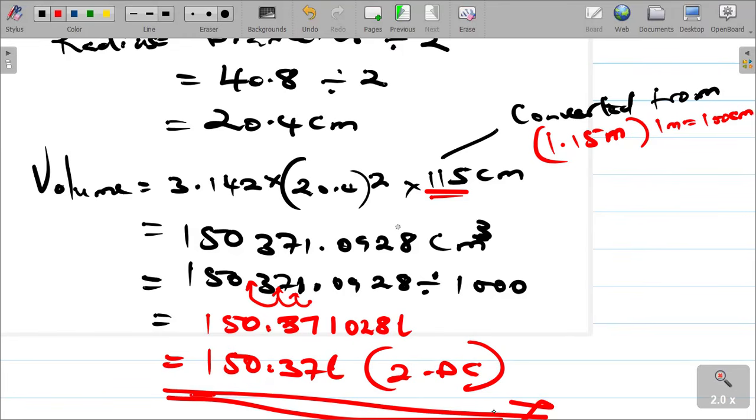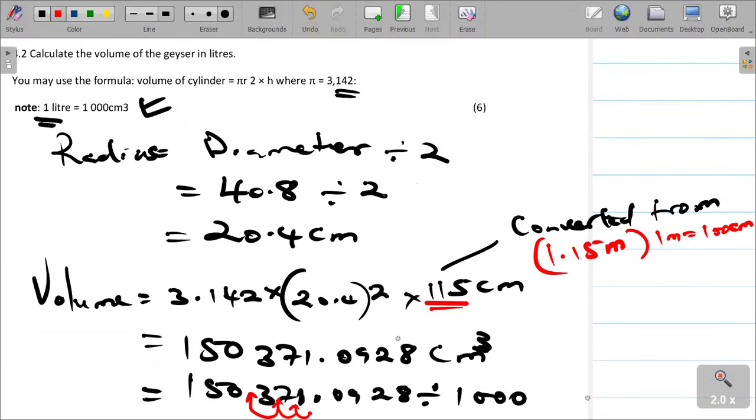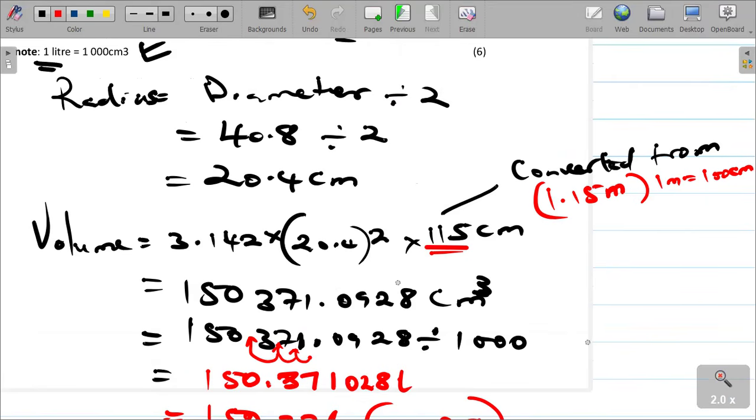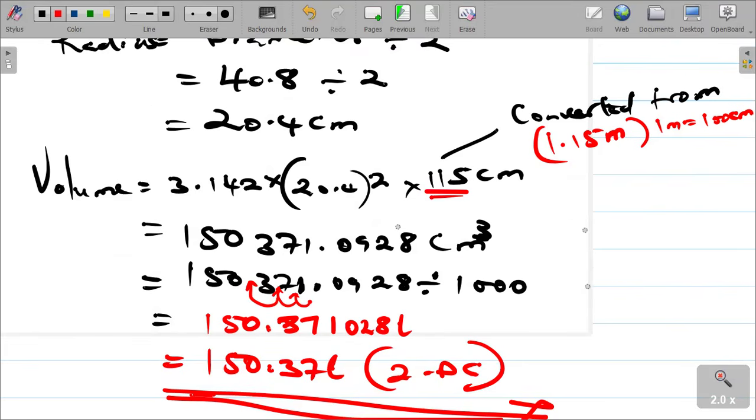The 6 marks, it is quite possible to get those 6 marks there. You first of all calculate the radius by dividing the diameter by 2, and then you use the formula given there, that volume is equal to pi r squared h. That is what is substituted.